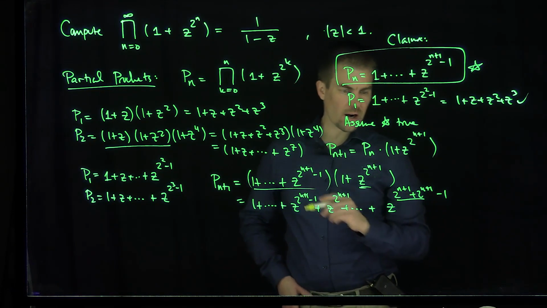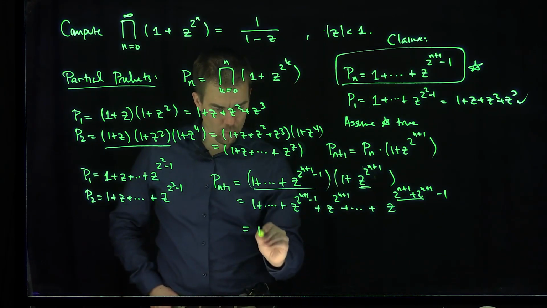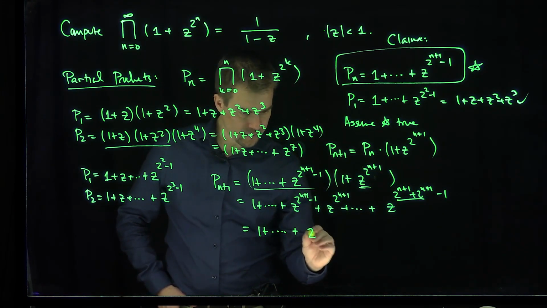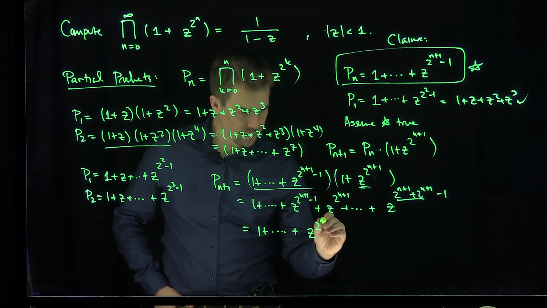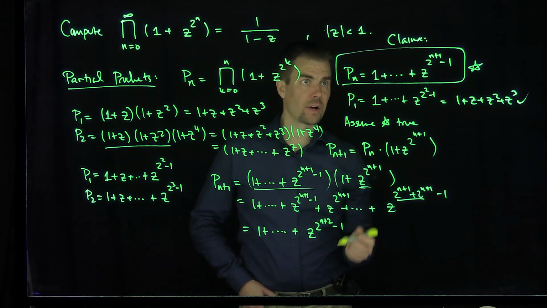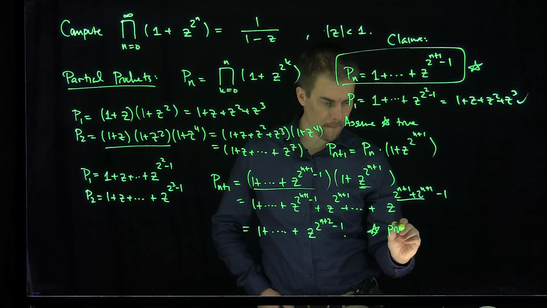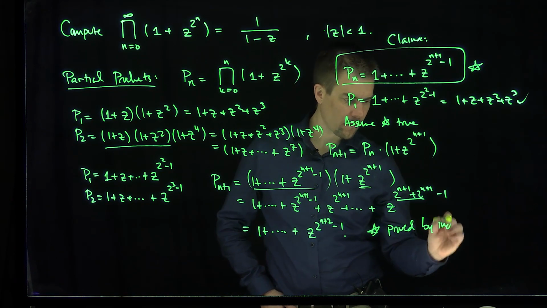And these terms, I have a factor of 2 to the n plus 1 in common, times 2. So those terms are exactly just 1 plus all the way up to z to the power 2 to the n plus 2 minus 1. And we have our star proved by induction.